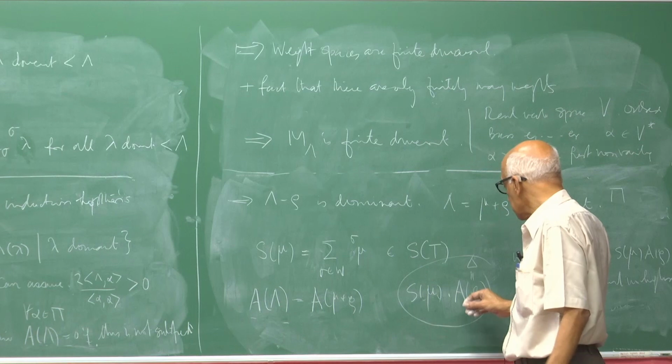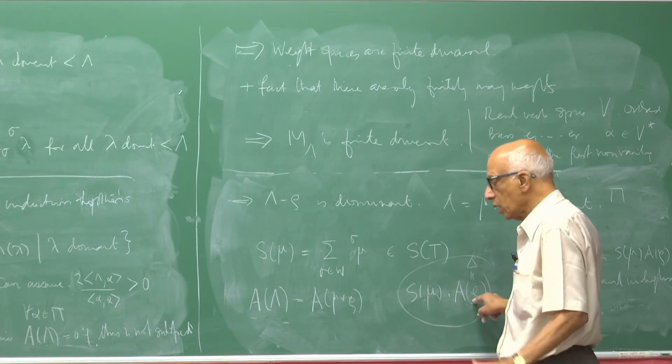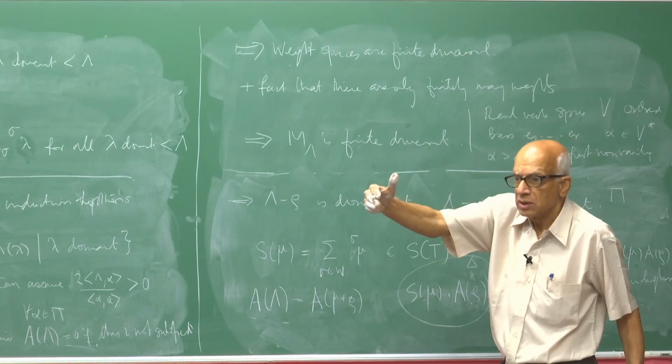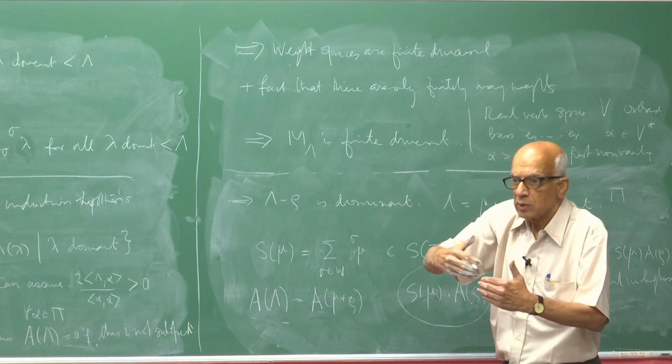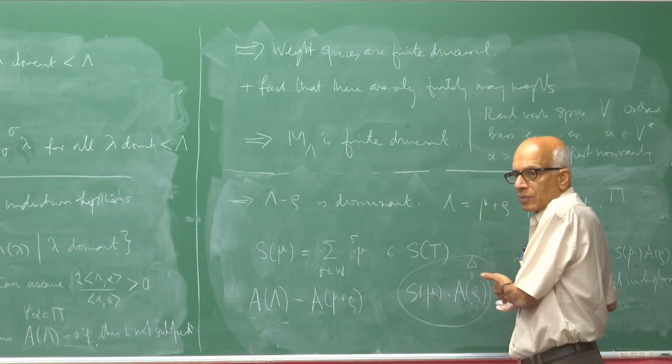Because of that, this S mu times A rho will be a sum of lower alternatized linear forms, and the present one.